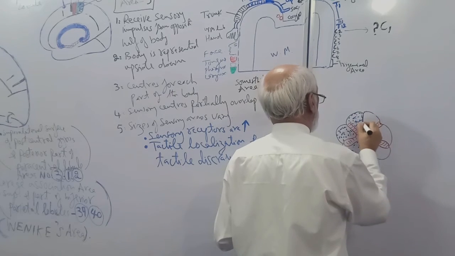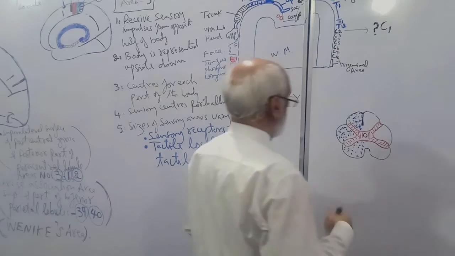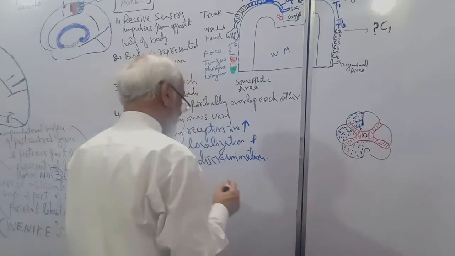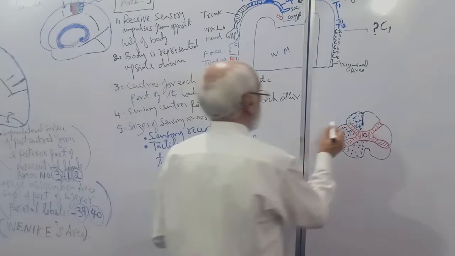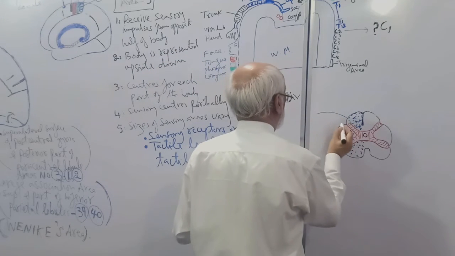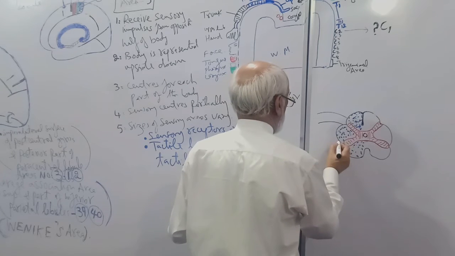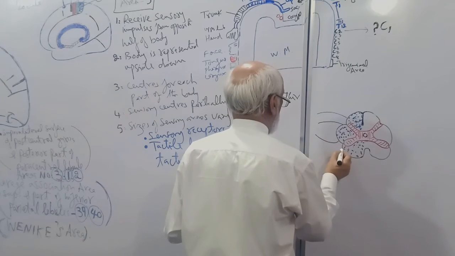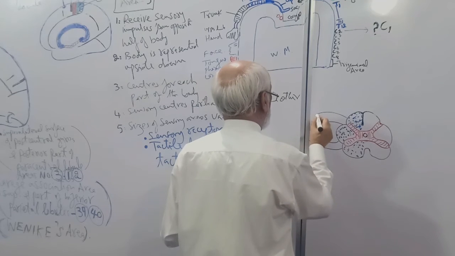A partial septum is here. Anteriorly there is no septum. Now I told you that each spinal nerve arises from the spinal cord by two roots. This is the dorsal root attached to the posterolateral sulcus. This is the ventral root attached to the anterolateral sulcus.